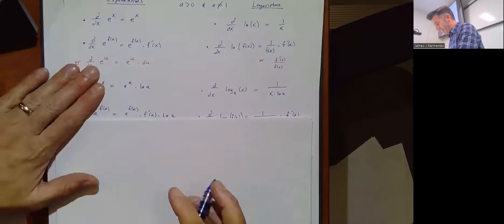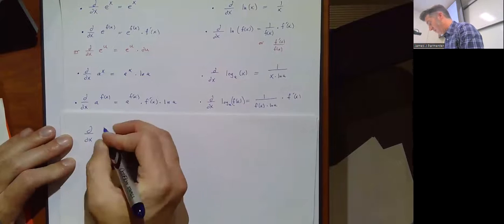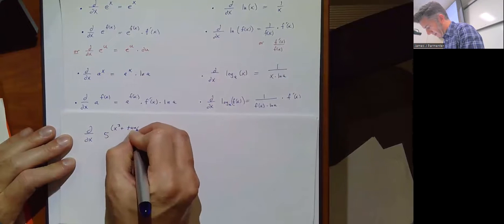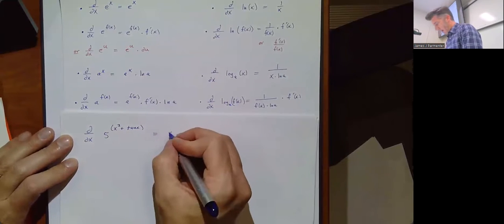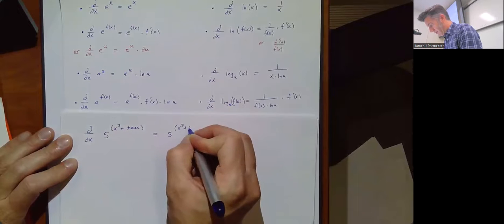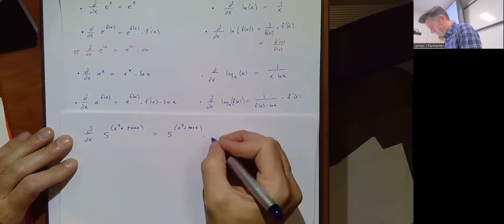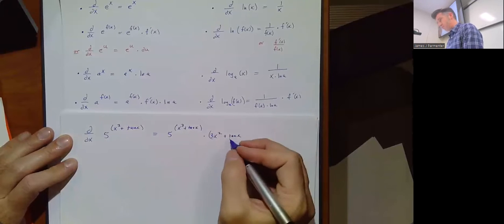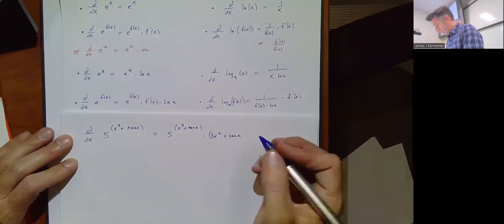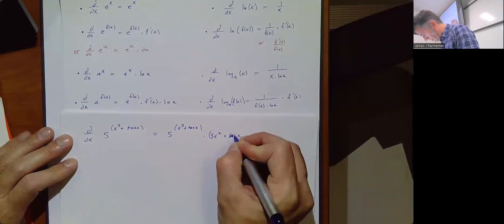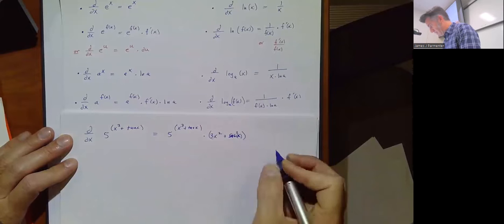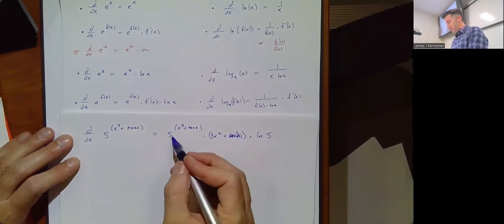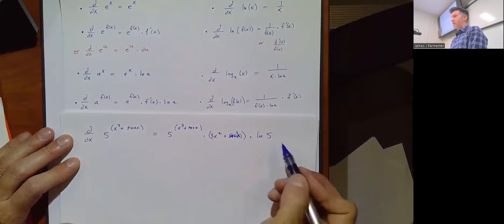If I wanted to find, say, the derivative of 5 to the x cubed plus tangent of x, it would be 5 to the stuff times the derivative of the stuff, which is 3x squared plus, thank you, secant squared of x. Times the natural log of 5. So a to the stuff times the derivative of the stuff times the natural log of a. In this case, a is 5.